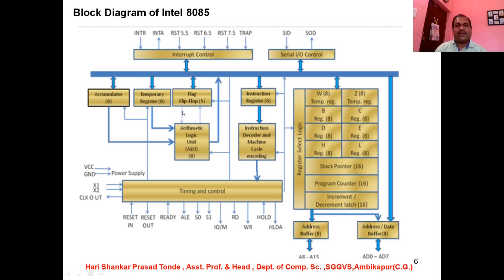This is the accumulator, this is the temporary register, these are the flag flip-flops, this is the instruction register, this is the instruction decoder and machine code encoding, and this is the arithmetic logic unit. This is the timing and control part, and these are the various address buffers and address and data buffers which we are going to use.